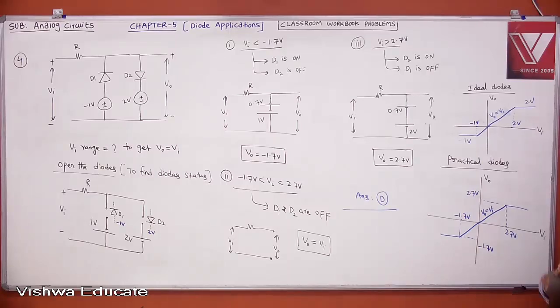I'll give you 1 more minute, you complete, then we'll see. The problem is over, but I'm just asking you, if Vi is a sine wave, what is your V0? It is also a clipper.